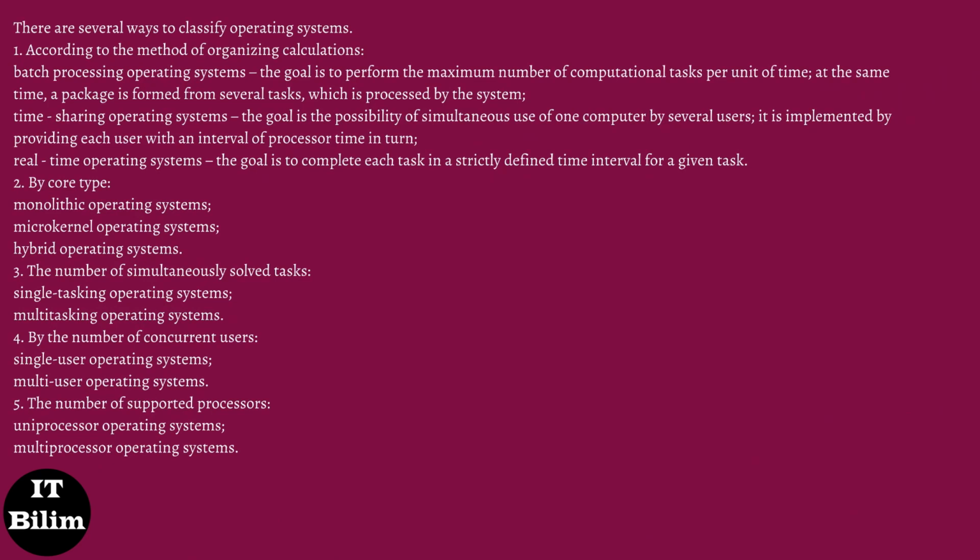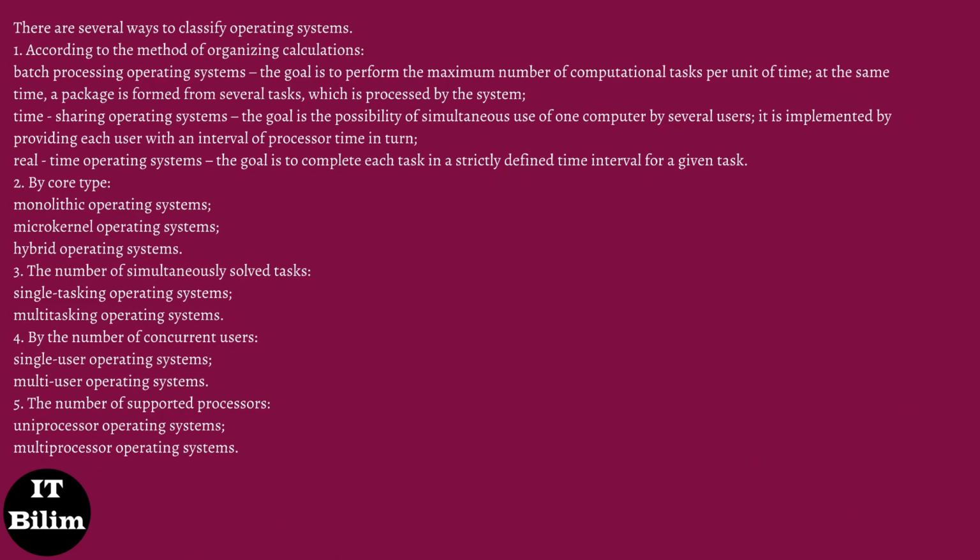Time-sharing operating systems: the goal is the possibility of simultaneous use of one computer by several users. It is implemented by providing each user with an interval of processor time in turn. Real-time operating systems: the goal is to complete each task in a strictly defined time interval for a given task.